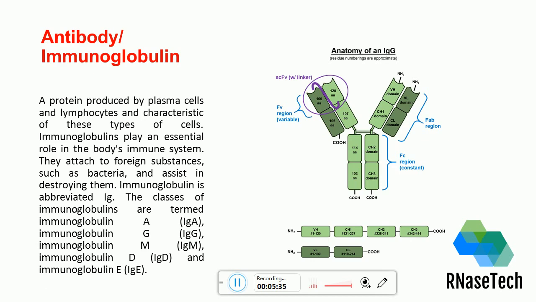So this variable region of the antibody will adjust according to the structure of the foreign particle. That's why it is known as the variable region, FV region. Only this region will be different for different foreign particles.